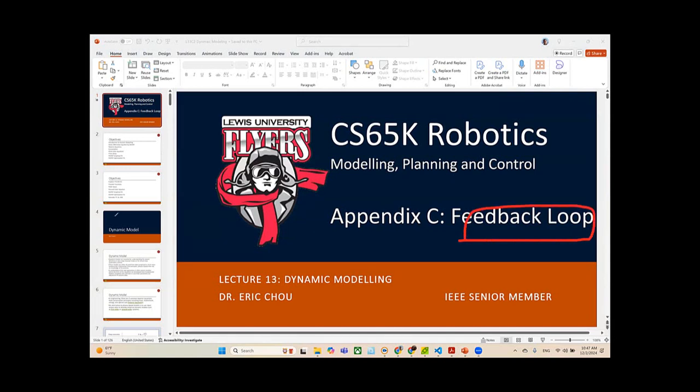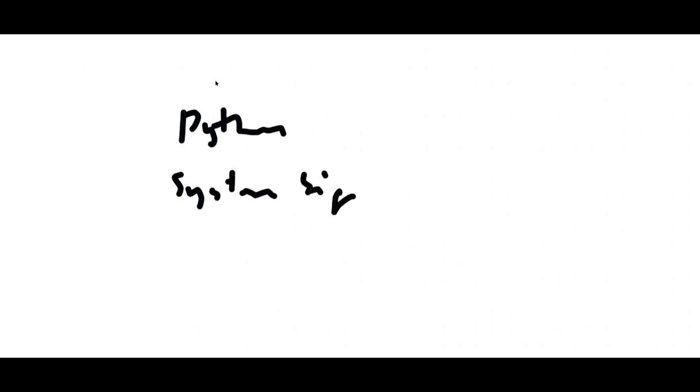The purpose of this course that we are teaching, 65K, this robot course, is assuming that you already know some coding, maybe Python, also the systems and signals course, computer architecture, and differential equations. So basically, all these combined, we have this robot course.